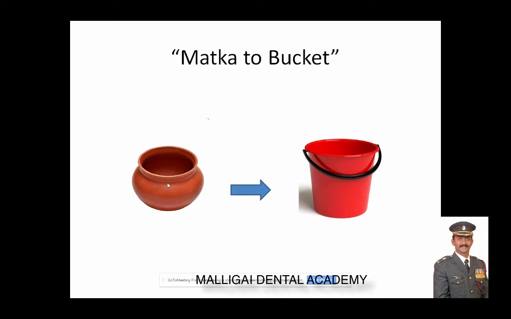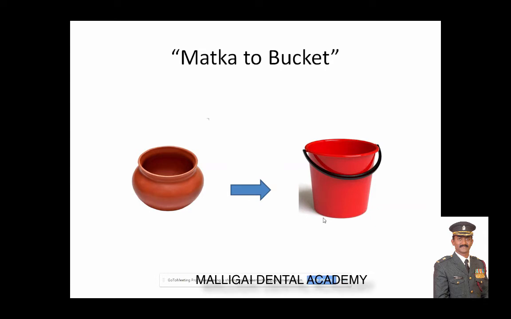We can see the orifices, yes, but the narrow opening of the access cavity and the broad base always creates a large area of resistance for the rotary file to follow within the access cavity itself. What is the shape that I am looking at? I am looking at the shape of a bucket which has a very broad orifice or opening and a tapered base.